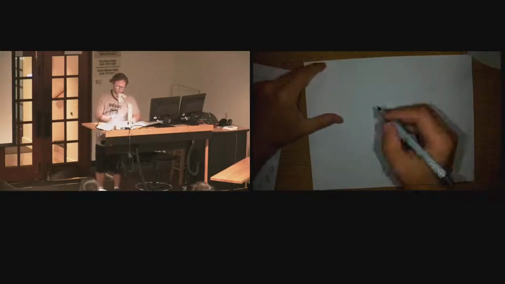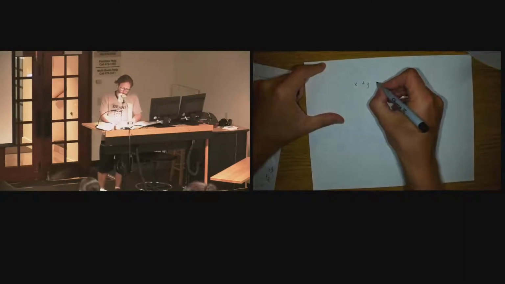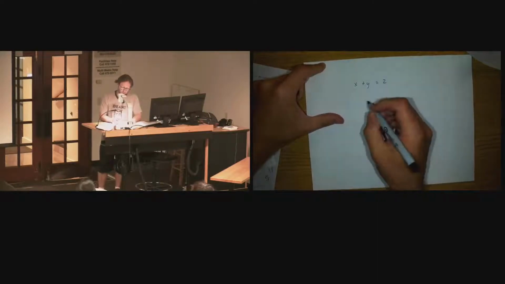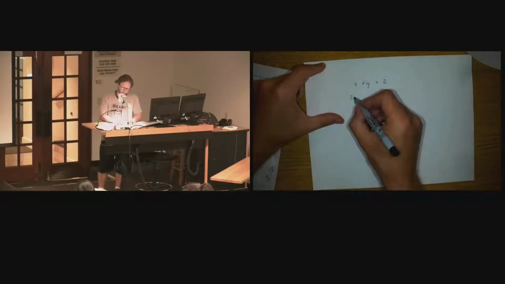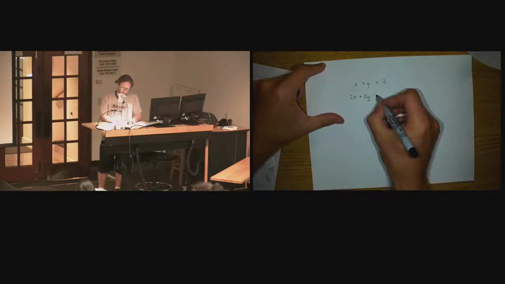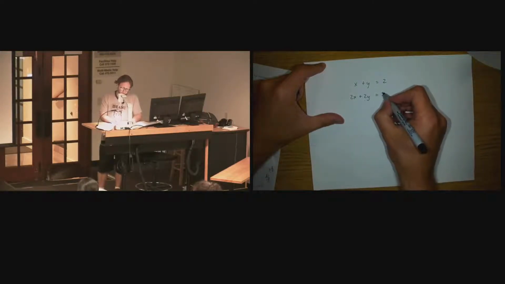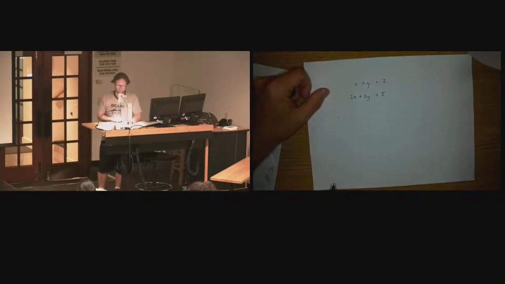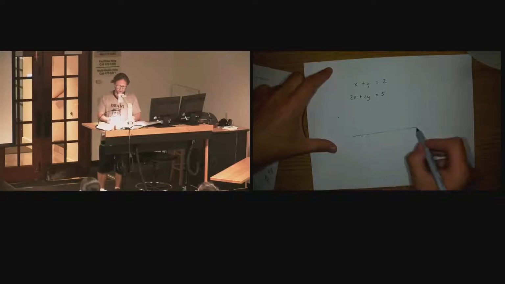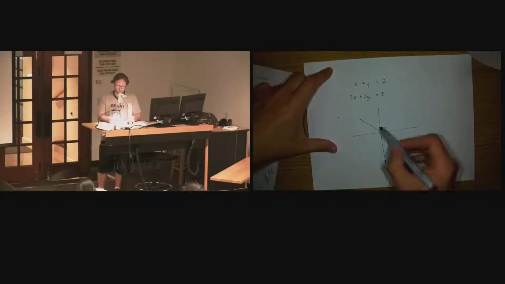Let's do it. x plus y is equal to 2, and then 2x plus 2y is equal to 5. There we go. I'll let you graph these out for yourselves. It's going to look something like this.